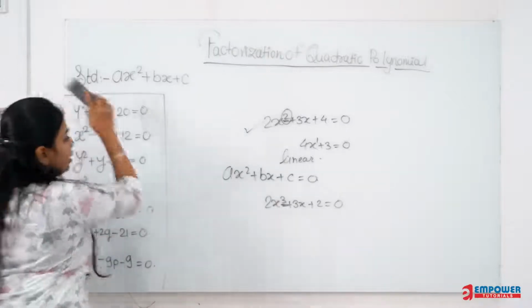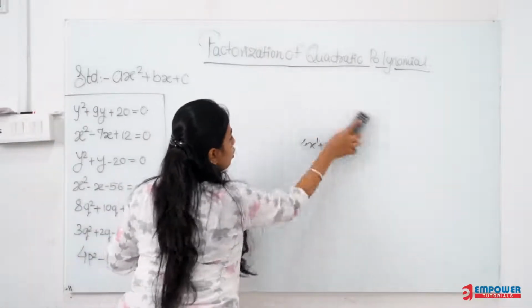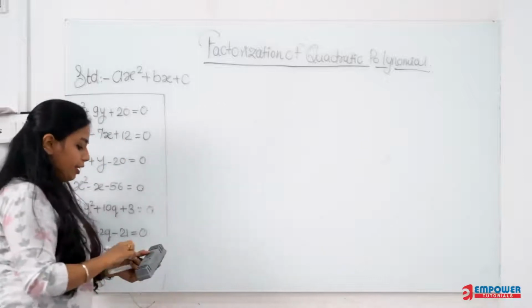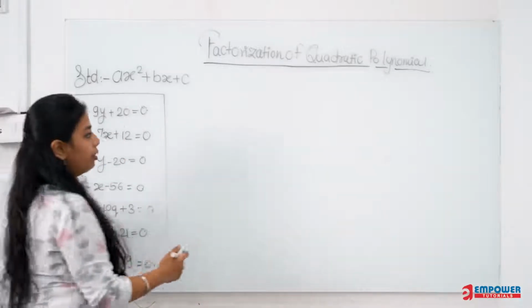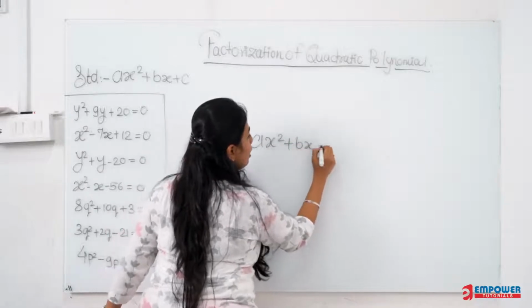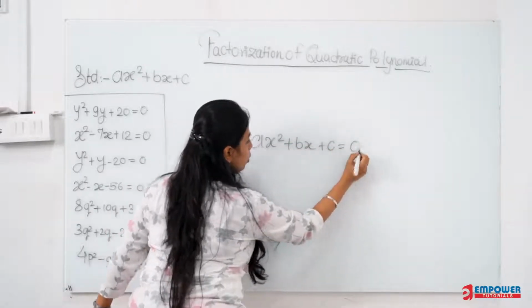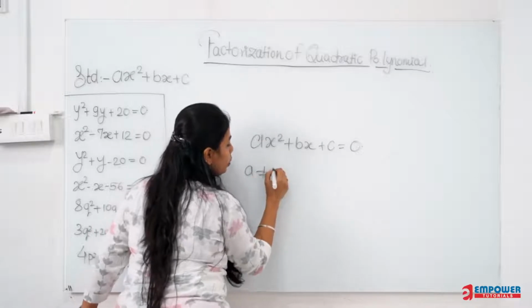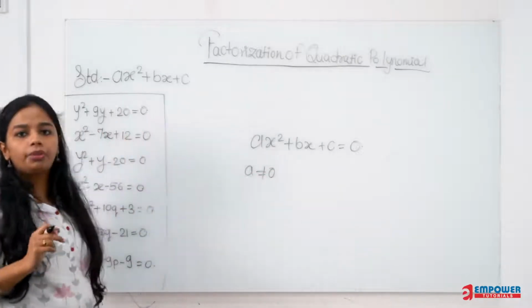Now there is the standard form of your quadratic polynomial. What is the standard form of any quadratic polynomial? It is ax square plus bx plus c is equal to 0, where a should not be equal to 0. Why should a not be equal to 0?